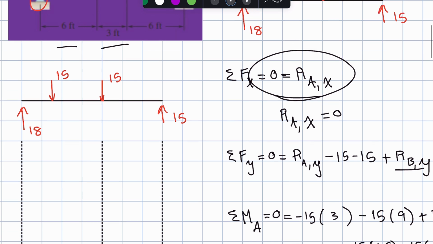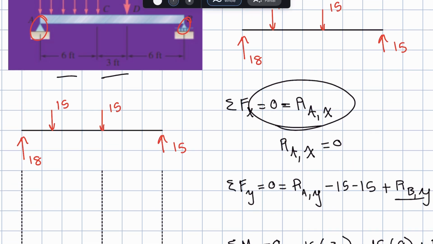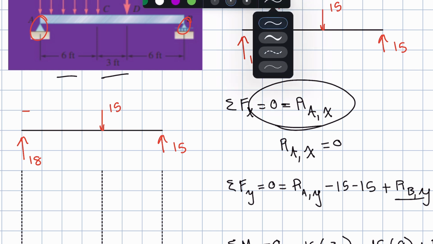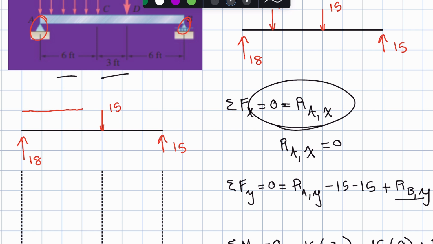So if you recall from the first step of that free body diagram, we changed this from a distributed load to a point load. And when we're doing our free body diagram, that's fine. But when we go to our shear moment diagram, we have to change it back to a distributed load. And so that's just what I'm doing right here.